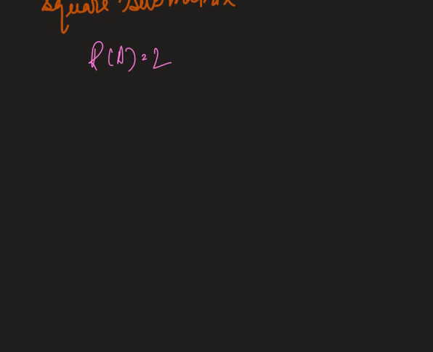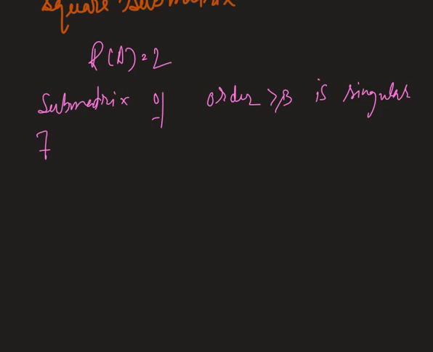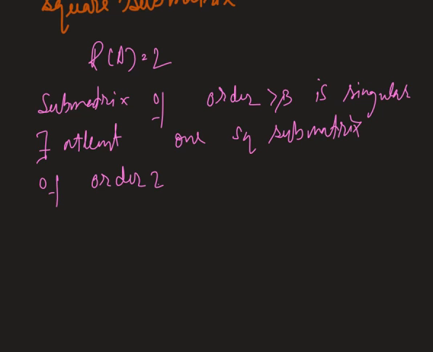Then every square submatrix of order 3 or more is singular, and there exists at least one square submatrix of order 2 which is non-singular.